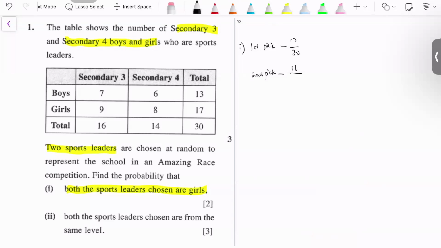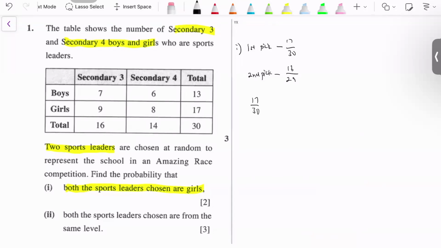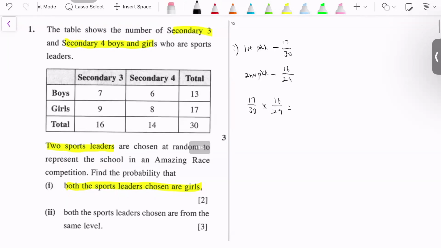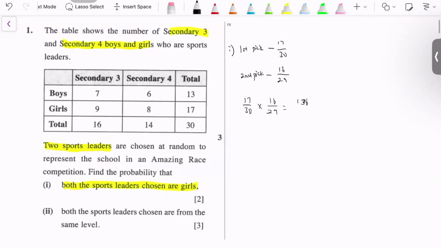Our total number of students is 29 now. So the probability of us choosing both girls is 17 out of 30 multiplied by 16 out of 29. And that should give us 136 over 435. Okay, so that's the probability of us picking both girls in this case.